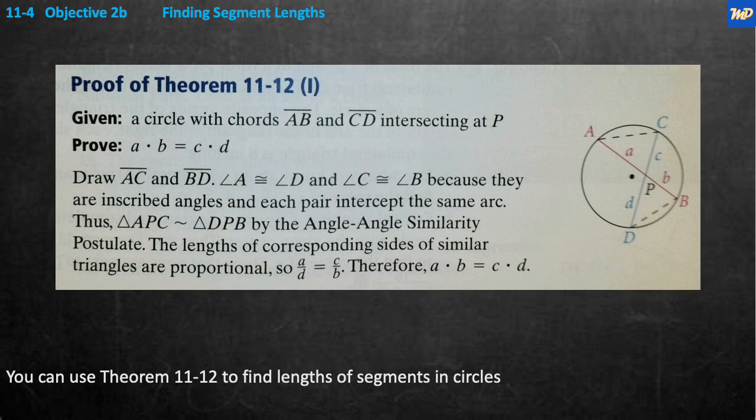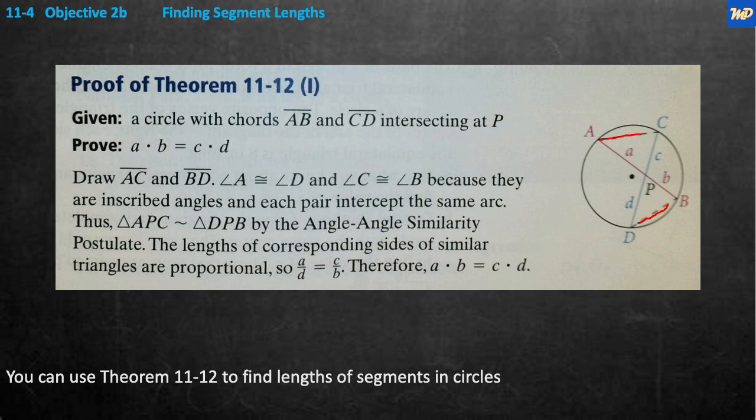Okay, so draw the segments AC and BD. So what they want you to draw is right here. They want you to draw this segment here and this segment here.